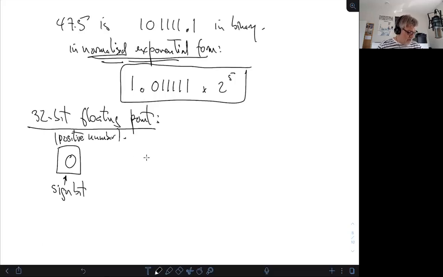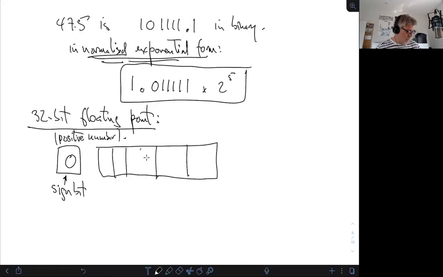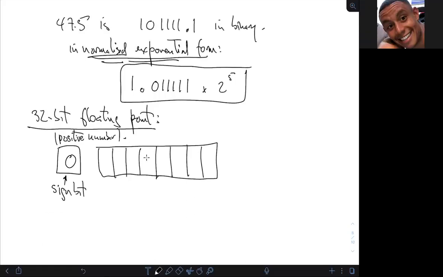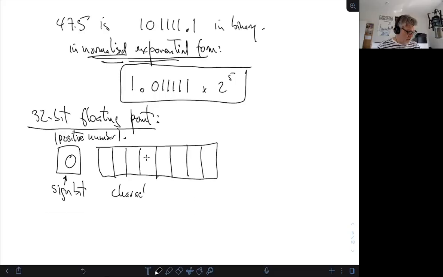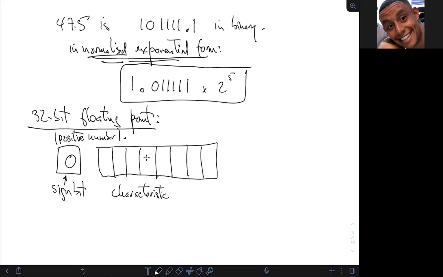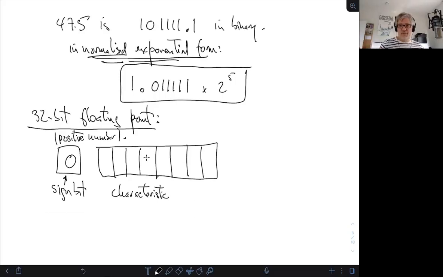Okay, then you have 8 bits for what we call the characteristic. Sorry to interrupt, sir. So you said the sign bit, if it's positive, is 0. So in this case, it's 0 because there's a 1 before the decimal point? No, 47.5 is, it's not minus 47.5.